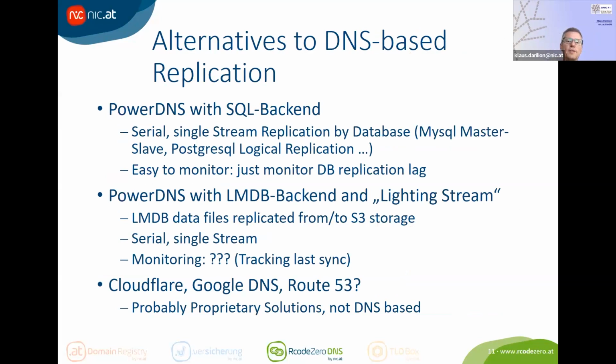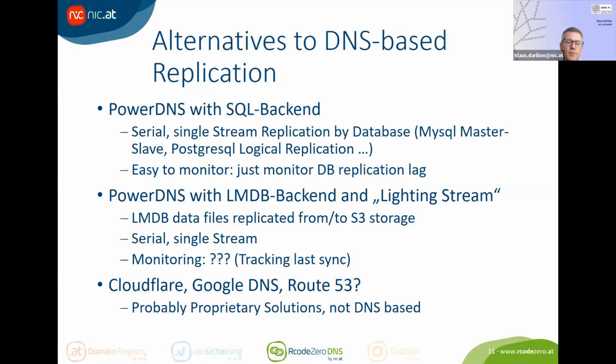For example, PowerDNS with an SQL backend, because if you do the data replication in the database, you usually have one single serial stream replication, and monitoring that is rather easy. I just monitor the replication lag and I automatically know the lag of all the zones at that location.